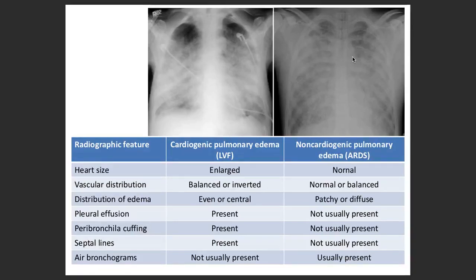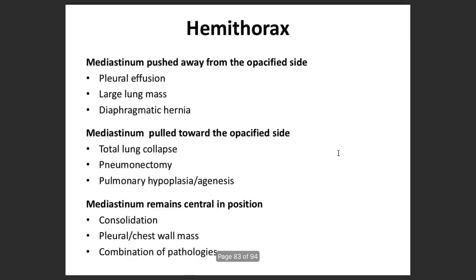As I was telling you, pleural effusions are quite common, and so is LV failure. However, in ARDS, mostly it is not present. The septal lines and peribronchial cuffing are pretty common in cardiogenic pulmonary edema. And air bronchograms are most commonly seen in ARDS.